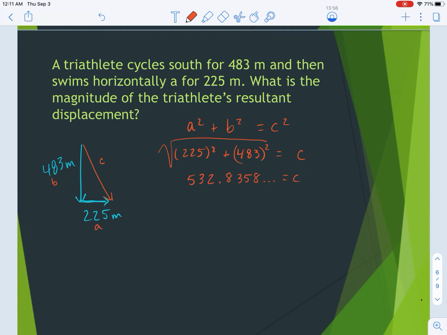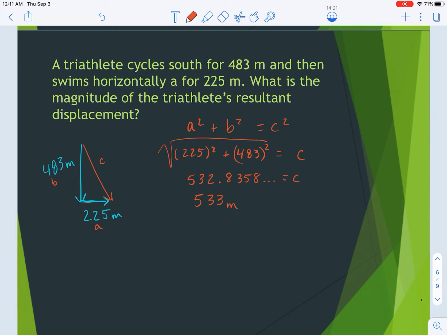So here's what I get in my calculator. Now this answer needs to be rounded for sig figs. So I'm going to get 533. My units for my final answer here are going to be expressed in meters because the values that I input into my calculations were meters.